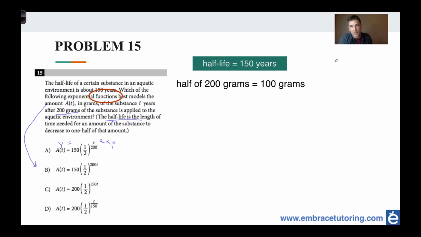You want to understand, okay, if t equals, let's say, 150, in this instance where I'm plugging in values, I'm basically going to test values. If t equals 150, then as I'm testing values, a of t, or really y, is going to be 100, because that's half of 200.